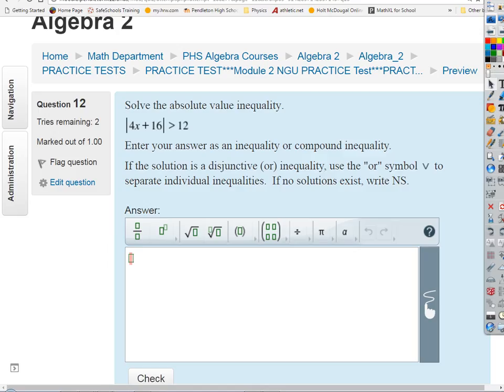So 4x, 16, 12, all right? What if we had, I'll make a tricky one for you, negative absolute value of 4x plus 16 is less than -12? A little bit tricky.